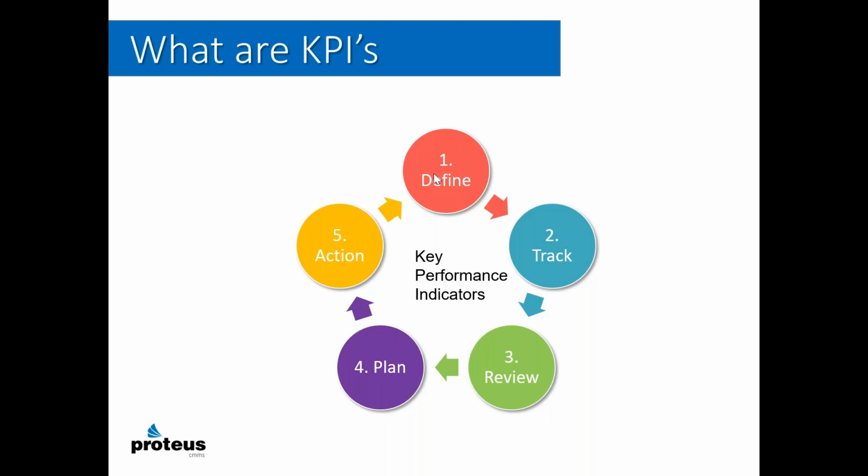Other companies would say, well, there's going to be a specific number of failures in a specific time frame before I measure it as a mean time. So defining a KPI is going to be absolutely critical and can be very personal to your business.